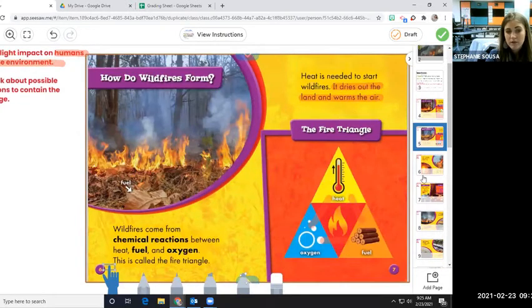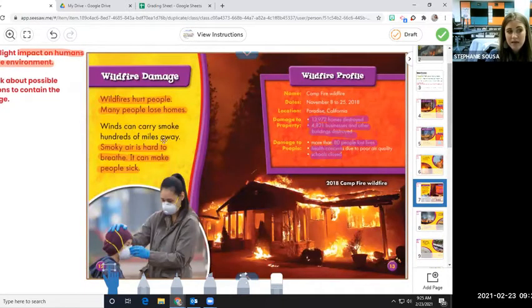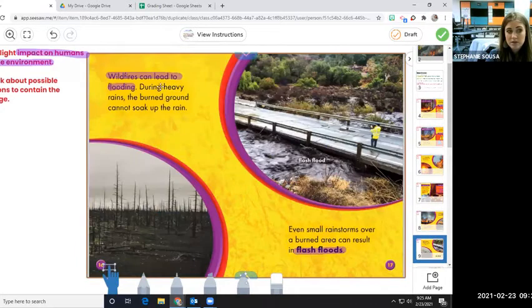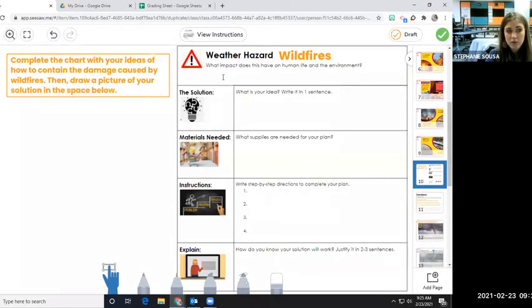It dries out the land. Homes are burning. People get sick. People die. Forests are destroyed. Animals have to move. Pollution in the river happens. Flooding can happen. So we've got all of our answers already.